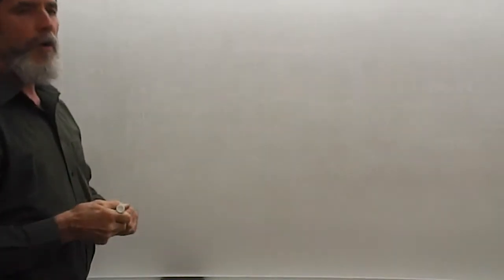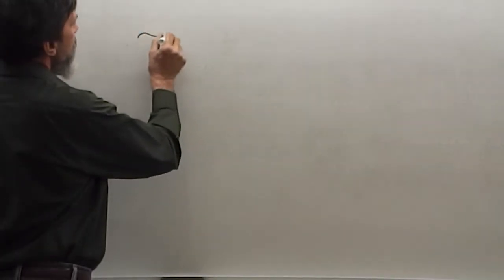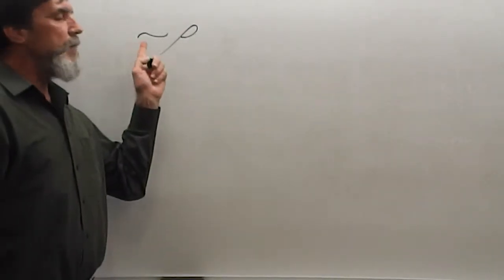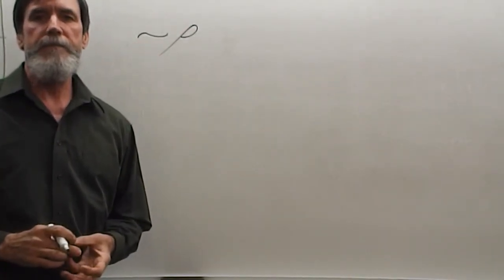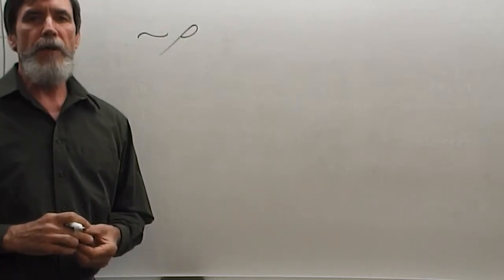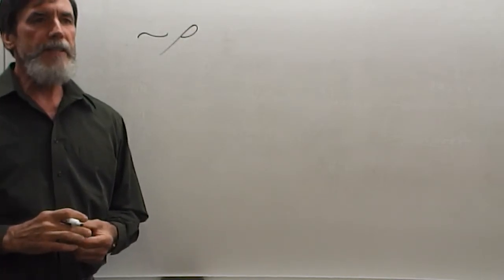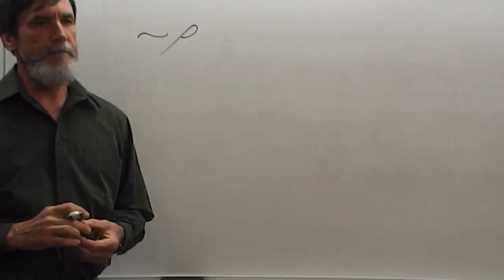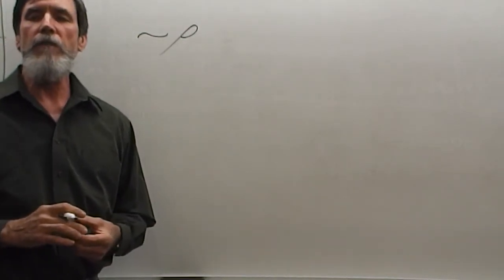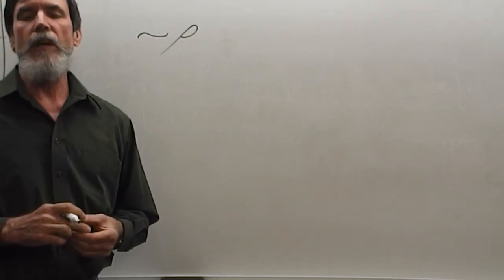So, in no particular order, one of the compound statement forms is called negation. It's made with that symbol there called a curl. We call that a logical operator because it operates on whatever component follows it. The other symbols you'll find connect statements on either side.